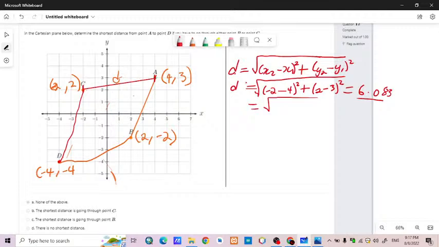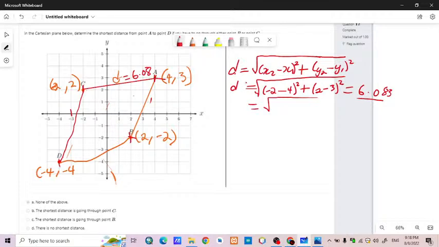So the distance here is 6.08. Calculate the distance between these 2 points.